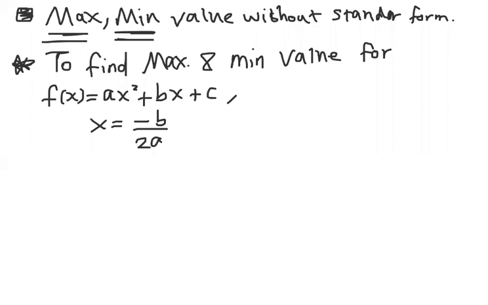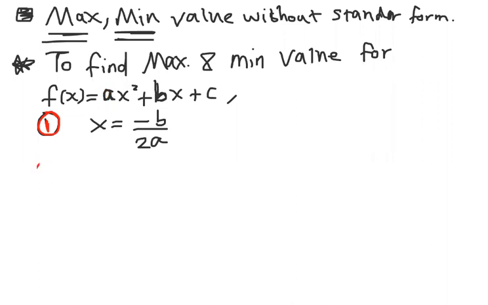So this is the first step. I go to find x. What is x? x is minus b over 2a. This is b and this is a.